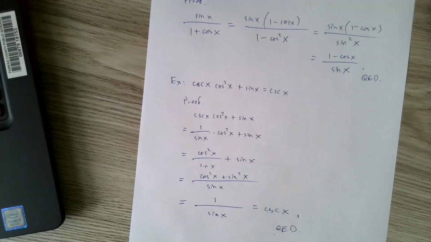So you want to create expressions that you know equal 1. Or you want to create expressions that have 1 minus cosine squared, or 1 minus sine squared, or 1 plus tangent squared, or cotangent squared plus 1, because you know what those expressions equal. Okay, good luck.